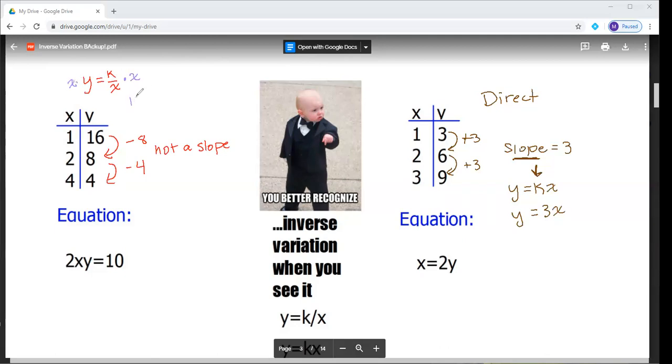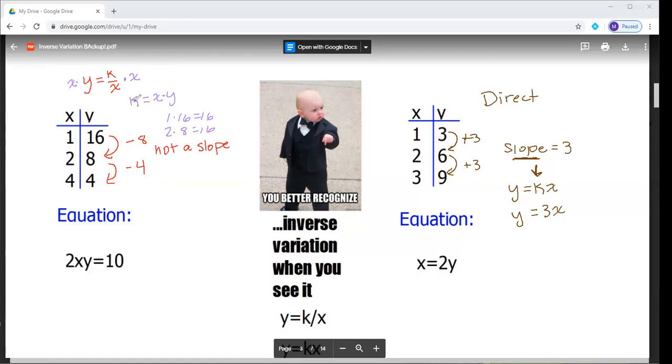So that gives us k equals x times y. Okay, well let's do x times y then. 1 times 16 equals 16. 2 times 8, wait a minute. Are we seeing the pattern now? 4 times 4 is 16.